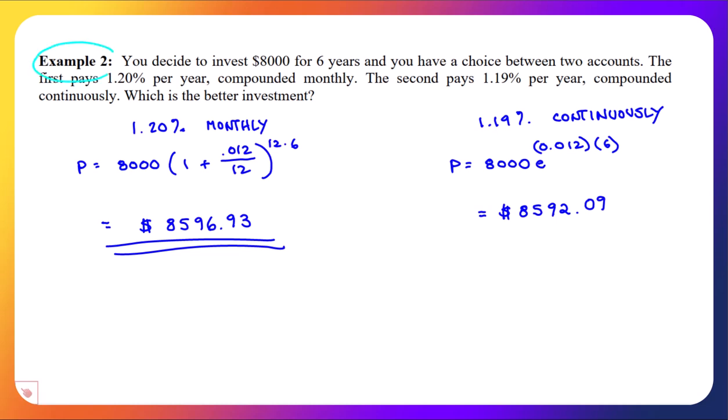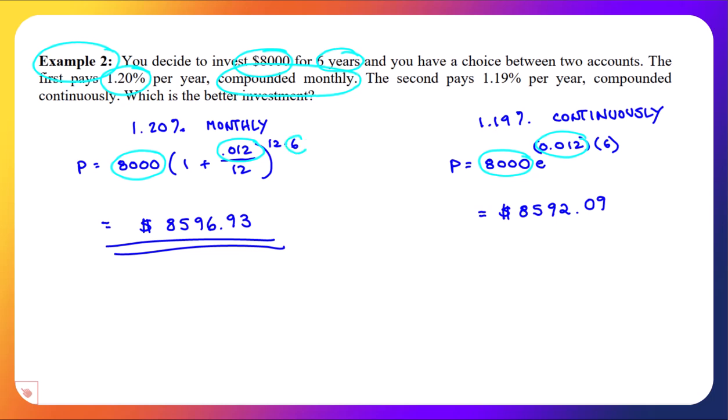So in example 2, $8,000 is what we're investing, the initial amount. We have 1.2%. I hope you know that's 0.012. And in the first case, we're going to do this for 6 years, compounded monthly.